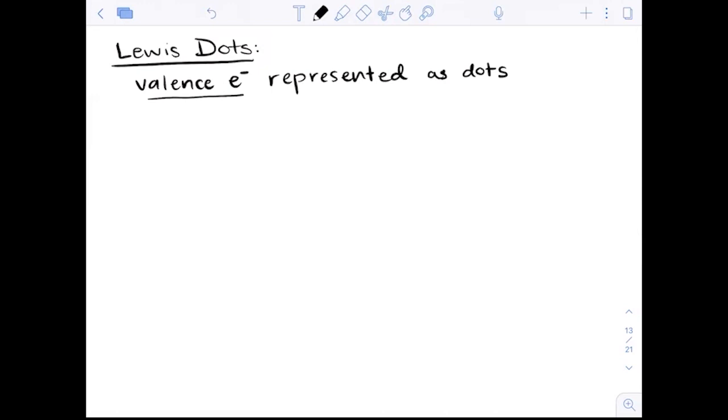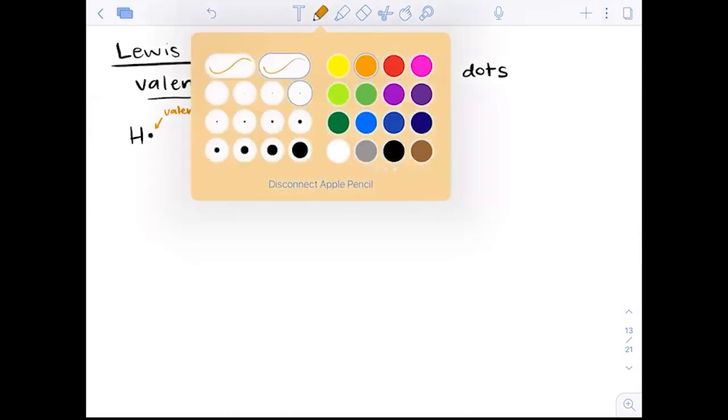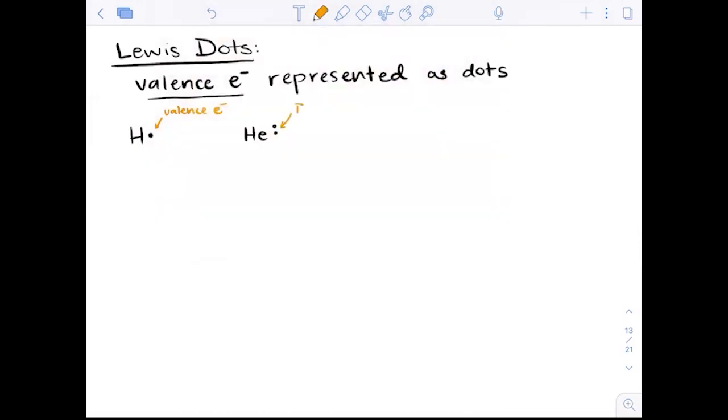And so if I take something like hydrogen, if I just put a little dot there, there's one electron. There's the valence electron. Let's keep going, right? We have helium. Helium has 2 electrons. When we put them together in helium, it's because those 2 electrons are in the 1s2 orbital. They're a duet. They're complete.